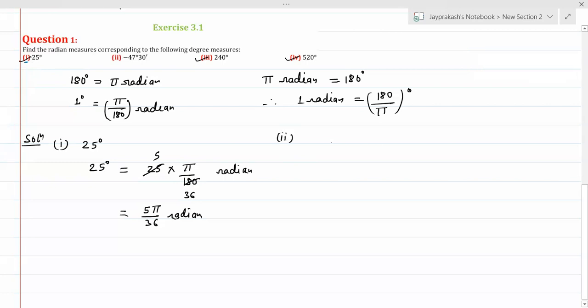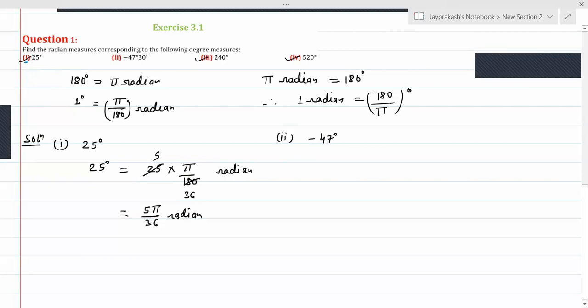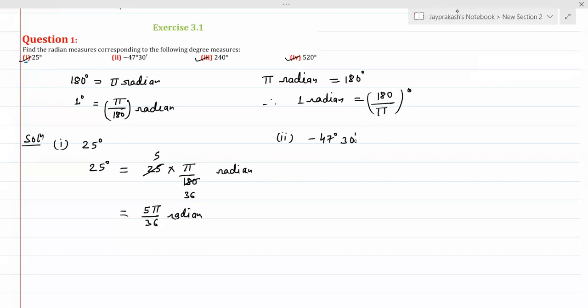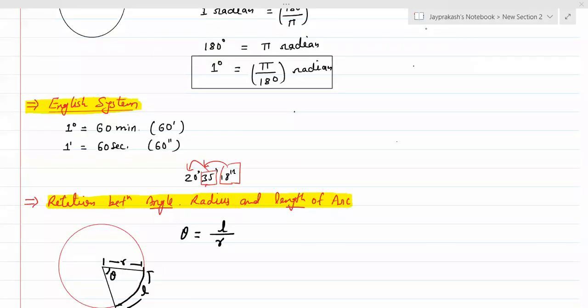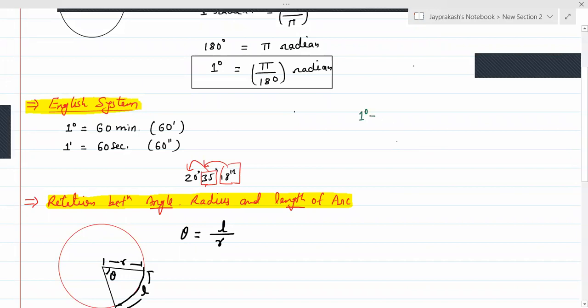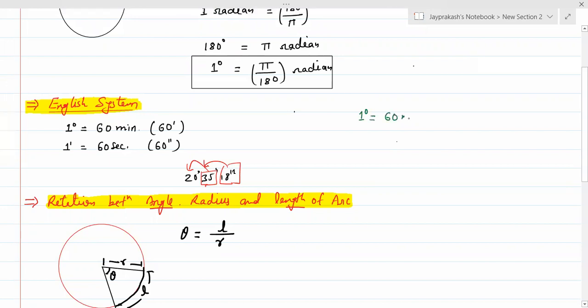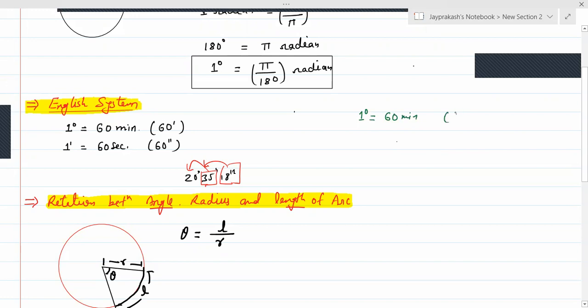Now let's see question number 2. That is minus 47 degree and 30 minutes. So you can see here, in the radian or in the reverse, we can use the reverse process from second to minute, then from minute to degree. So the concept is, 1 degree means 60 minutes, and the minute is represented by the 60 dash.